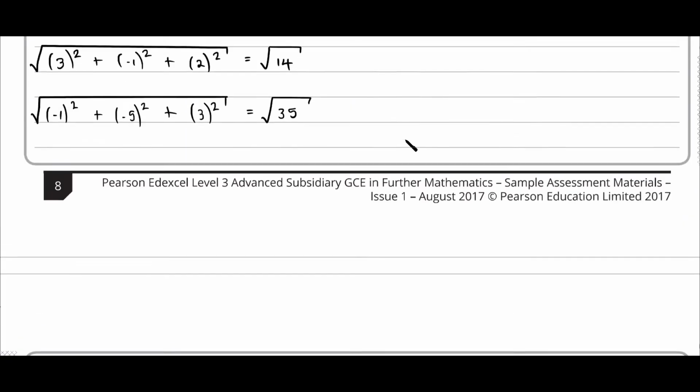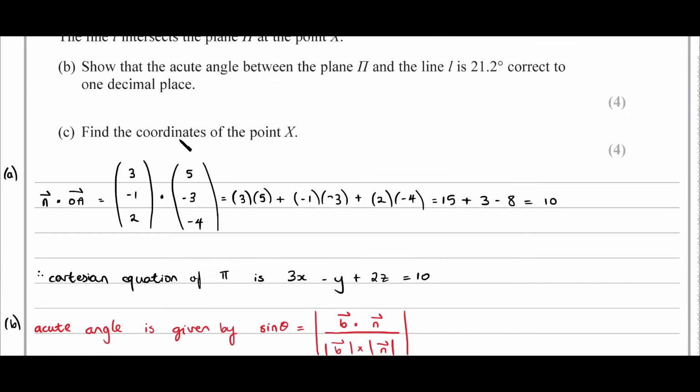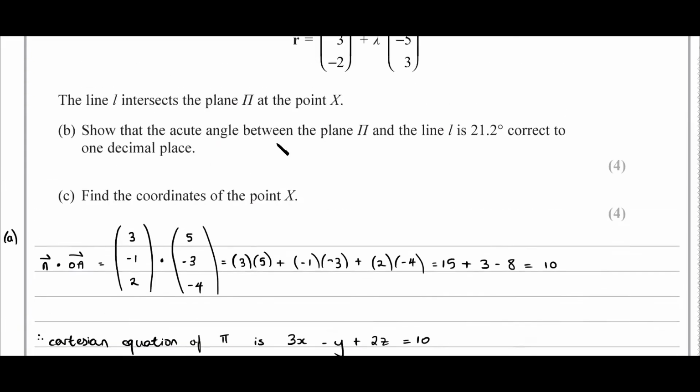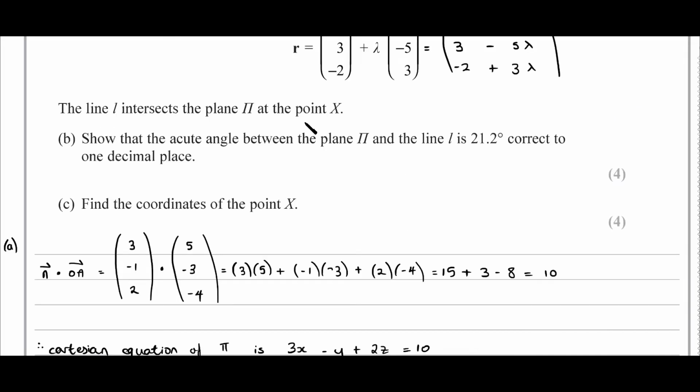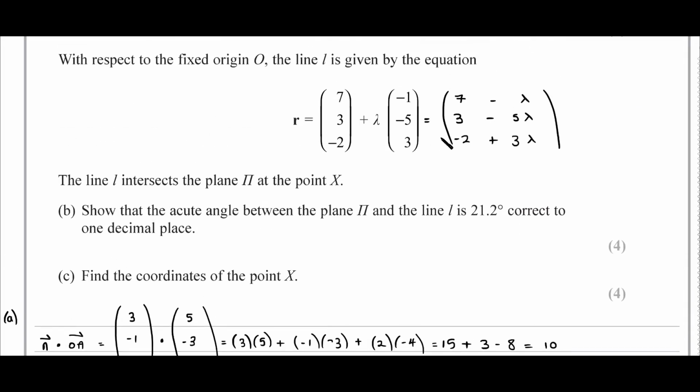And now, for part C, we have to find the coordinates of this point X. Well, to do this question, I will rewrite the equation r as (7 minus lambda, 3 minus 5 lambda, minus 2 plus 3 lambda). What we have over here then is our equation for r.